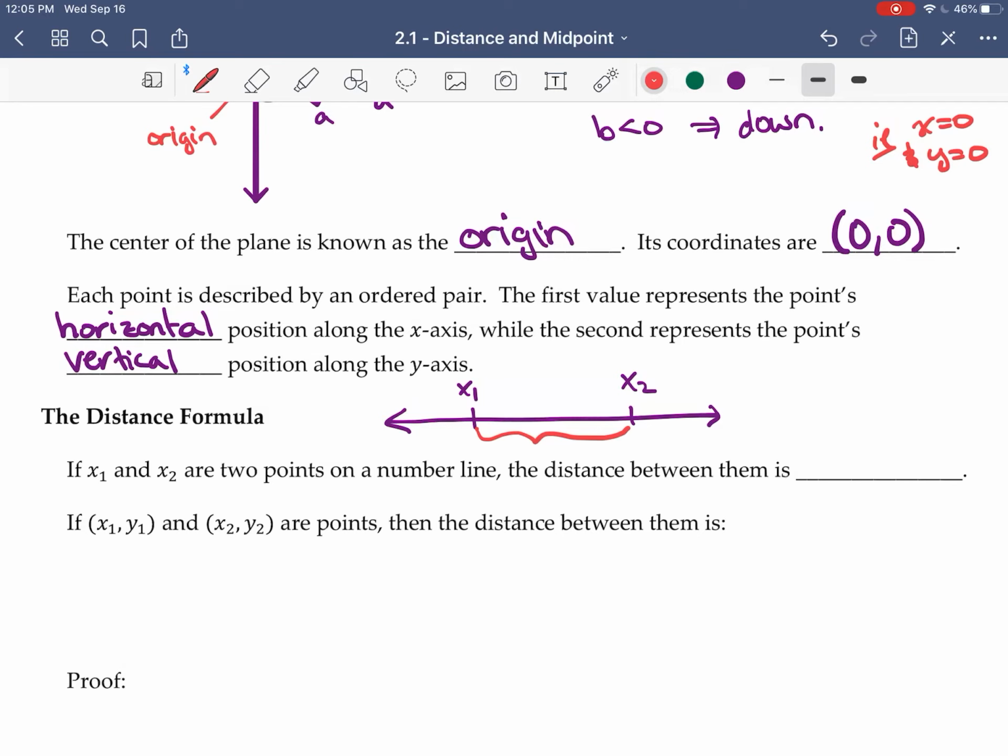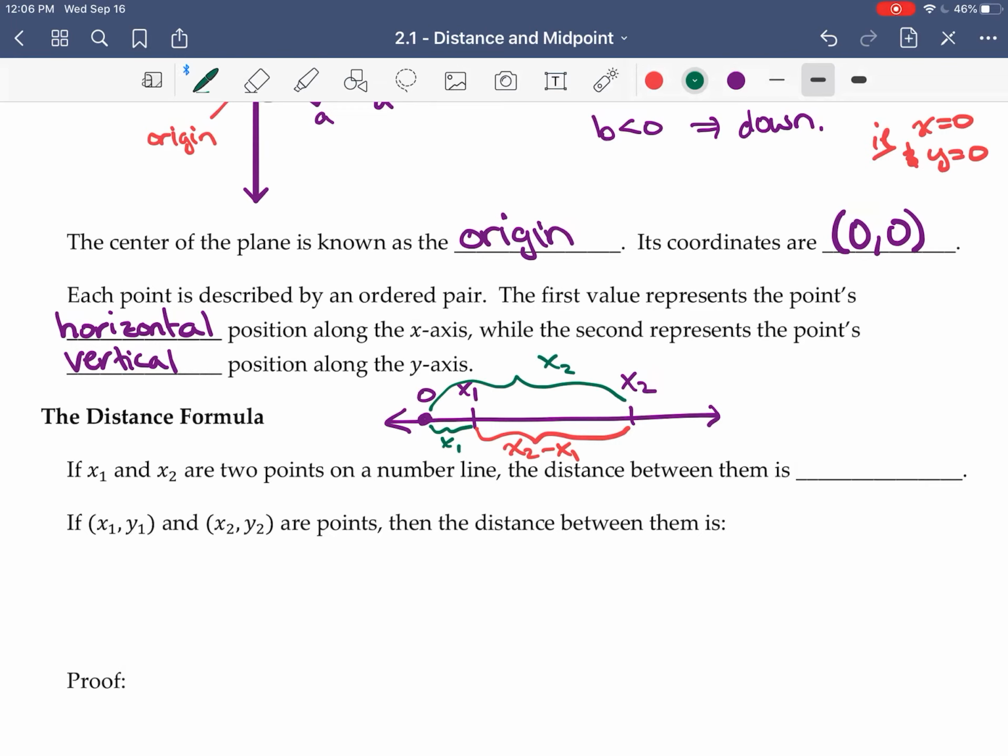So if x2 is bigger, it's going to be x2 minus x1. Imagine, just for ease, that 0 is over here. Then this distance would be x1, whereas this distance would be x2. So we want the difference between the two.